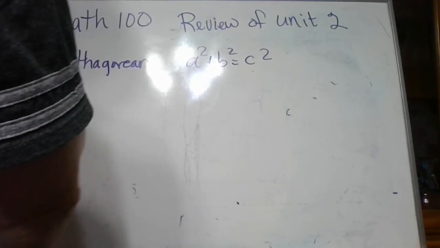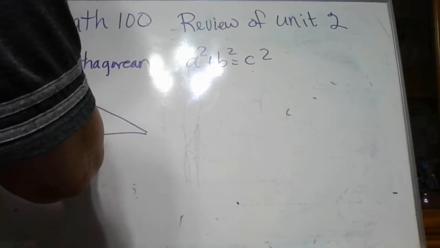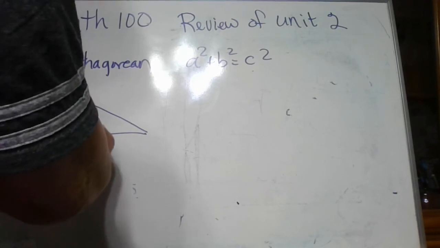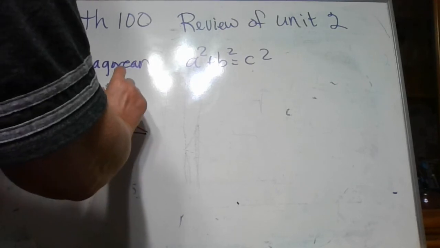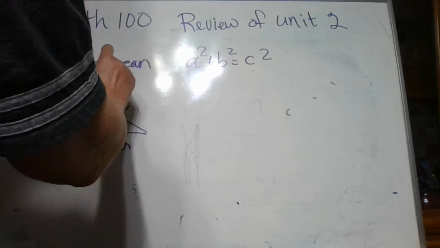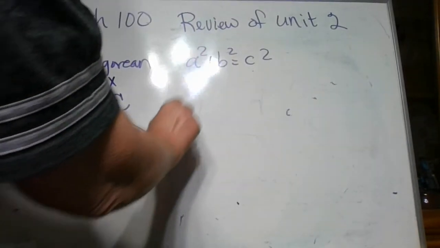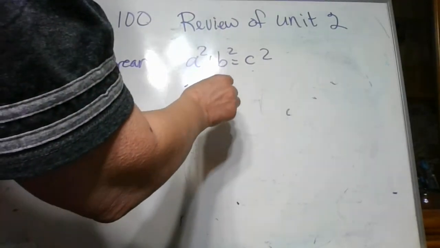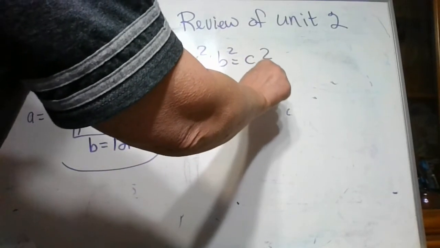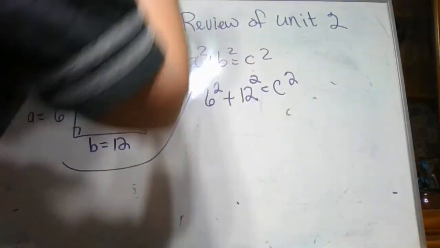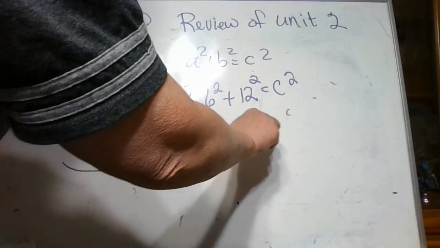So if we have this right triangle, and this leg, A, was 6 inches, and this leg, B, was 12 inches, and we had to find C, or sometimes you can call it X, then we would put that up here in this equation, and we'd say 6 squared plus 12 squared equals C squared. Well, 6 squared is 36, 12 squared is 144.